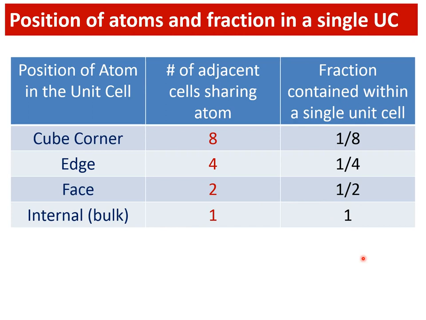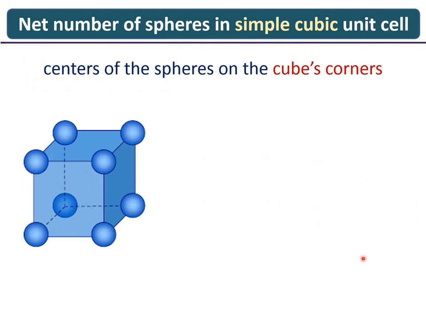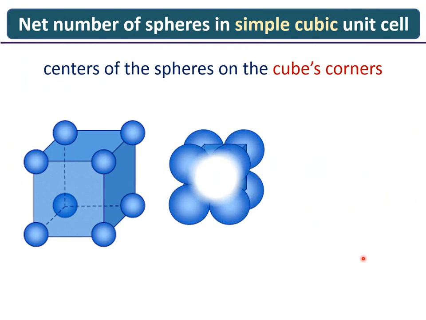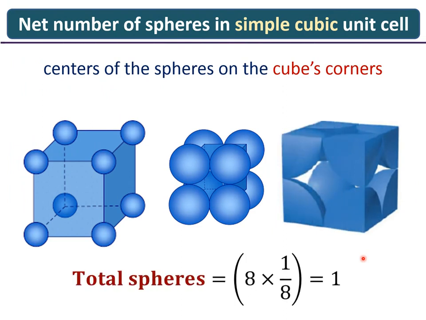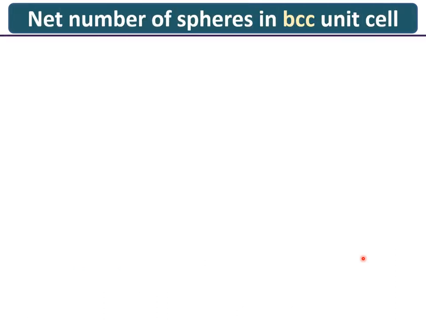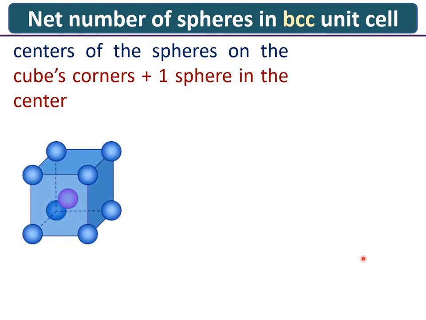So in the simple cubic unit cell, we have 8 atoms at the corners, so overall we have 8 times 1/8 equal to 1. And for the BCC, body-centered cubic, we have 8 at the corners and 1 in the middle.